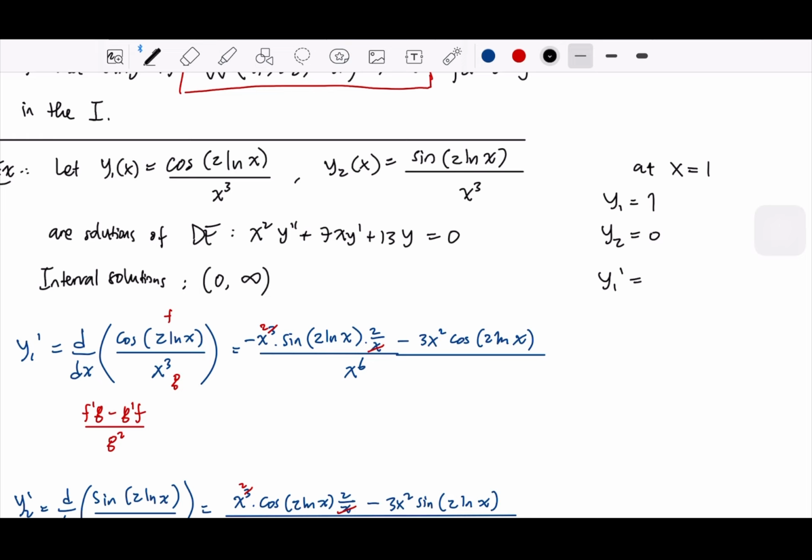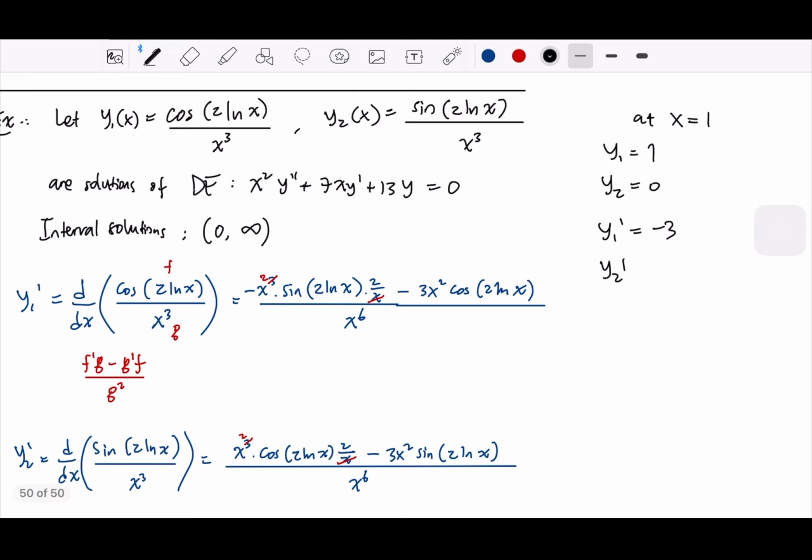So we have negative 3. And y2 prime, we take 1, it's 2.